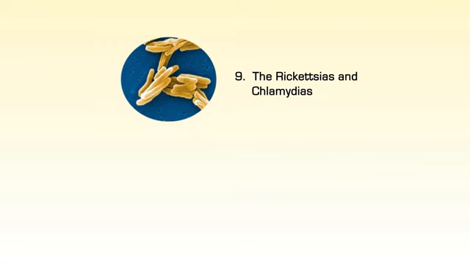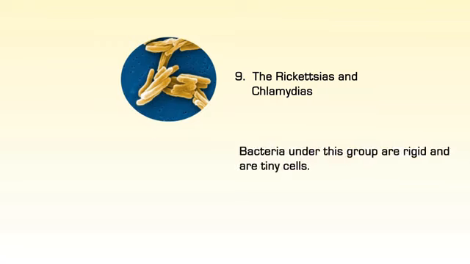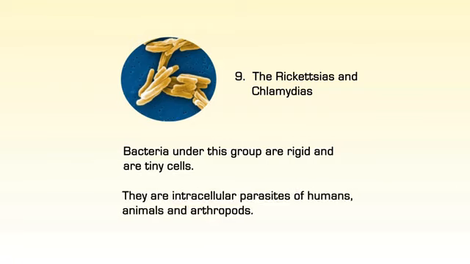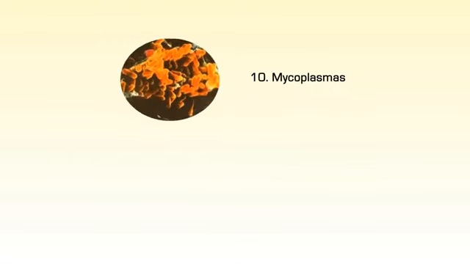Next is the rickettsias and the chlamydias. Bacteria under this group are rigid and are tiny cells. They are intracellular parasites of humans, animals and arthropods. The 10th one is the mycoplasmas.